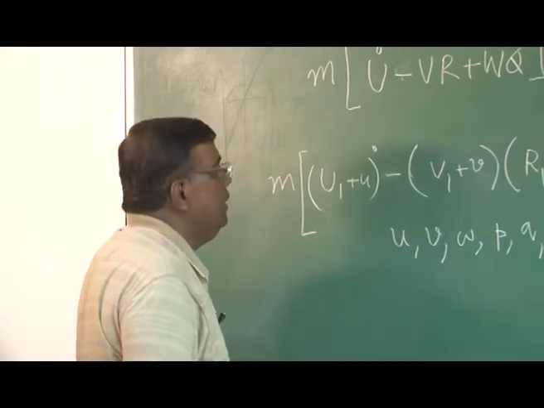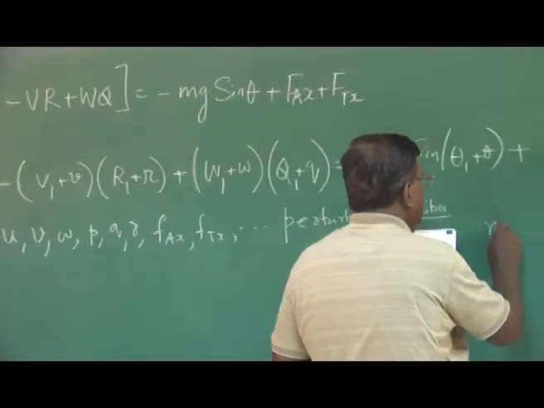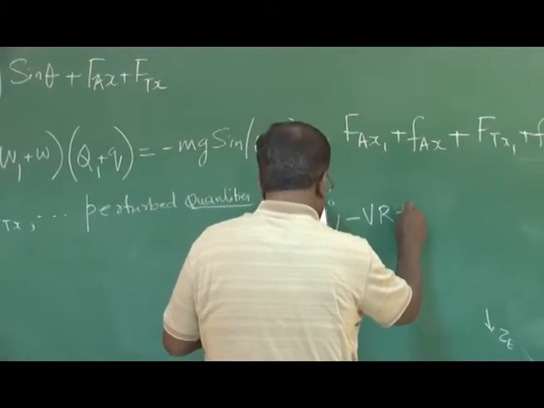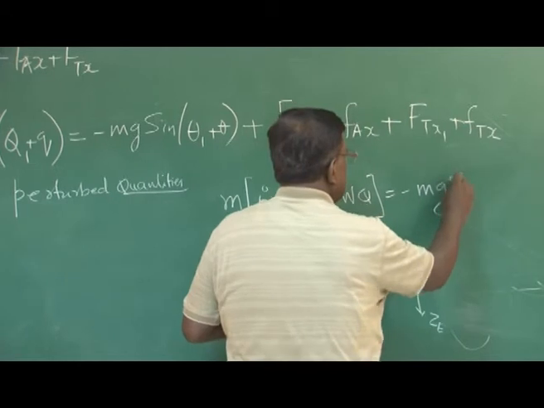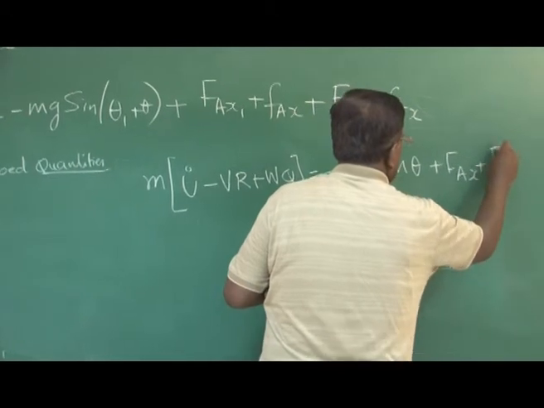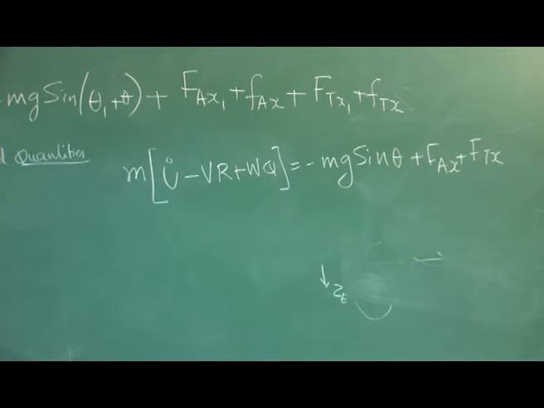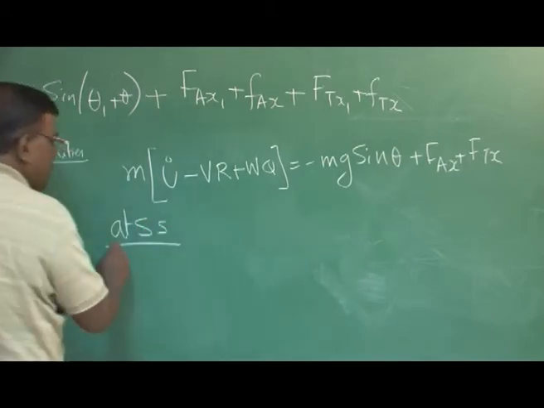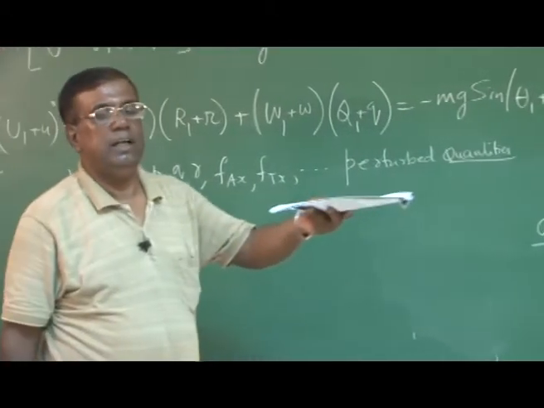Now here you see, once I am writing this equation like this, we also know that m u dot minus Vr plus Wq is equal to minus mg sine theta plus Fax plus Ftx. So we know that at steady state, what is our steady state for this study? It is the level, unaccelerated cruise.